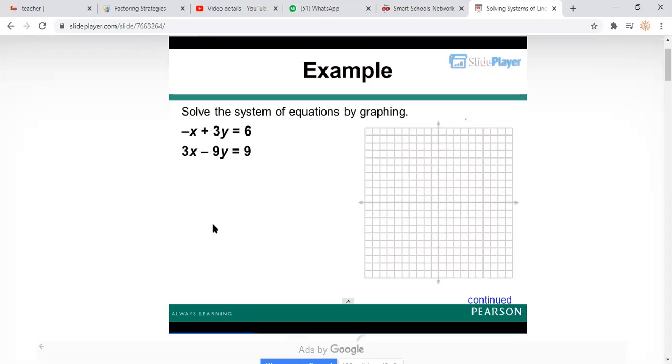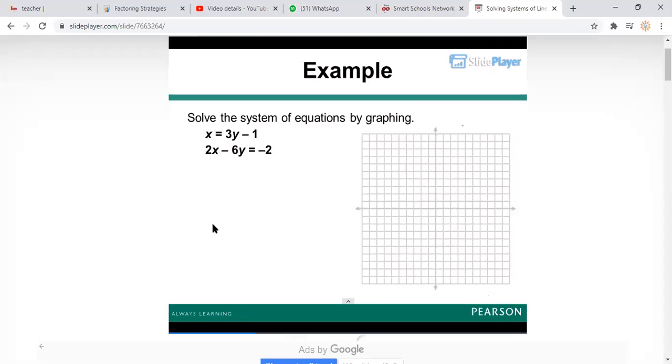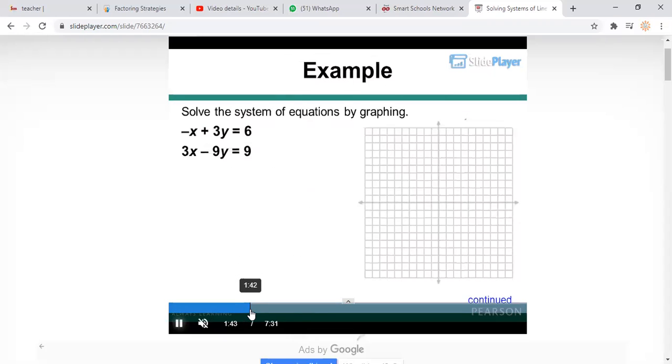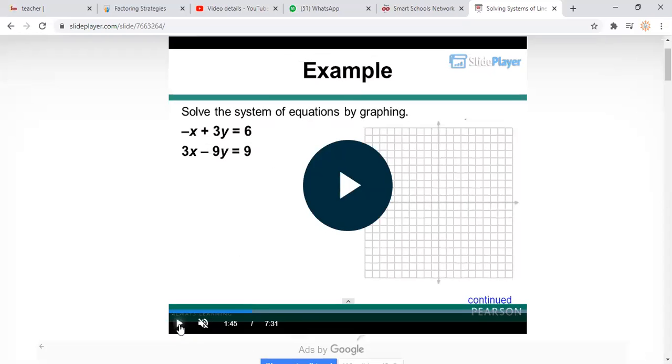Yes, y equals mx plus c. Thank you. But y equals mx plus c, we can't call the standard form. Standard form is ax plus by equals c, right? But y equals mx plus c means slope-intercept form.